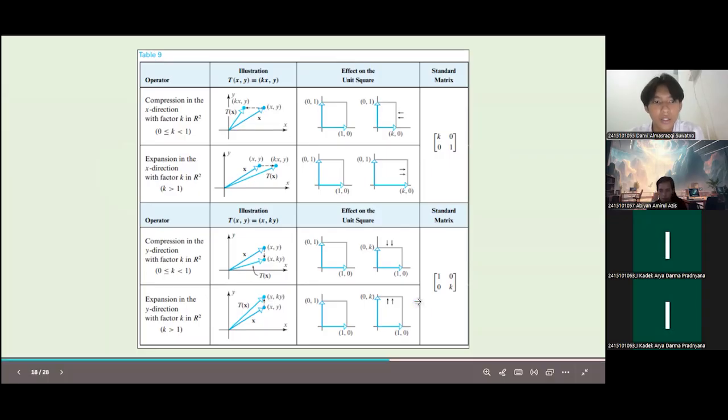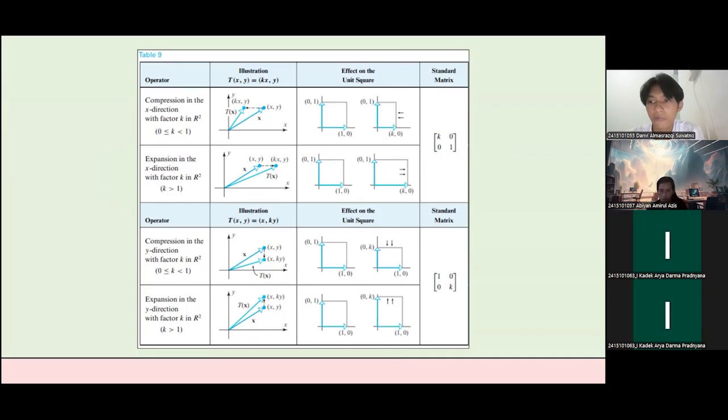The value of k determines the type of transformation. As we can see in the operator column, if k is more than 1, it is an expansion. The object stretches in the specified direction because points move away from the axis.